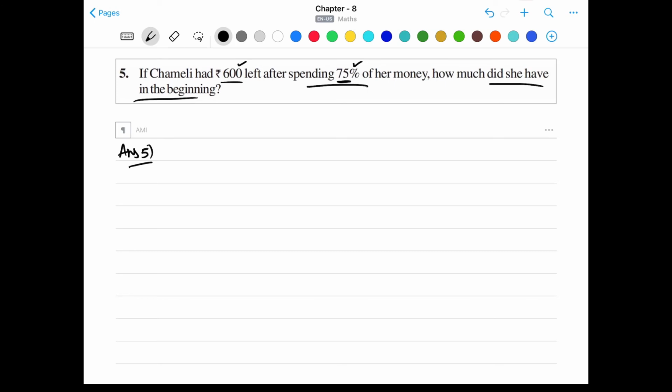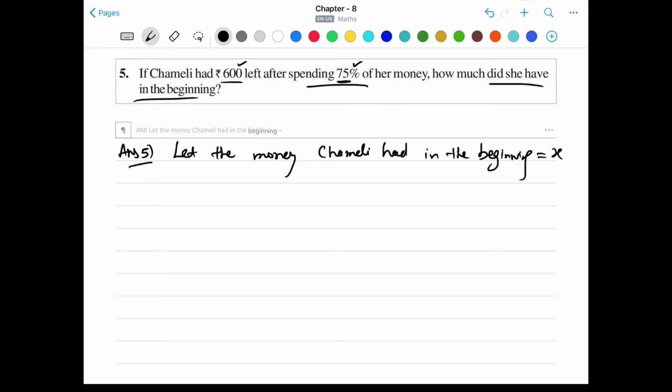Let the money Chameli had in the beginning be equal to x rupees.